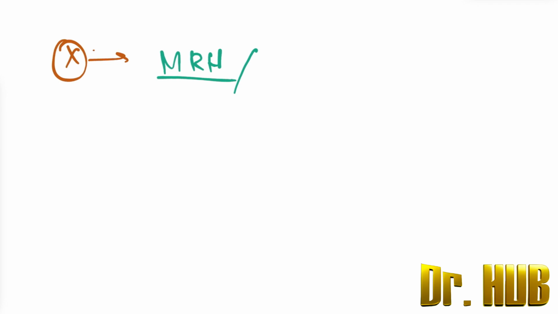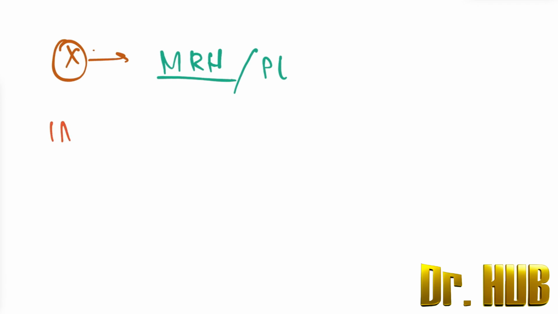Next, the question arises when the fertility is not preserved. When it is not preserved, there is the modified radical hysterectomy, the MRH, as well as the PL, that is the pelvic lymphadenectomy.